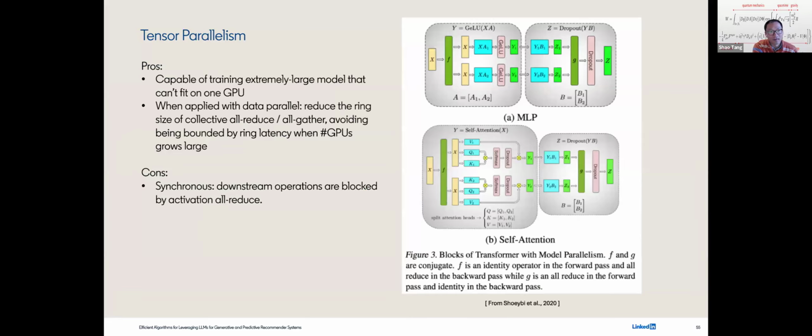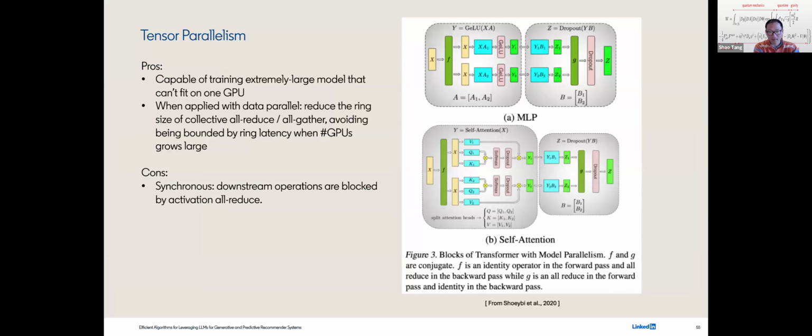So for the tensor paradigm, there's obviously some advantage. It's capable of training extremely large models that cannot fit on one GPU. And when applied with the data paradigm, it reduces the ring size of the collective or all reduce, avoiding being bounded by ring latency when the number of GPUs grows large.